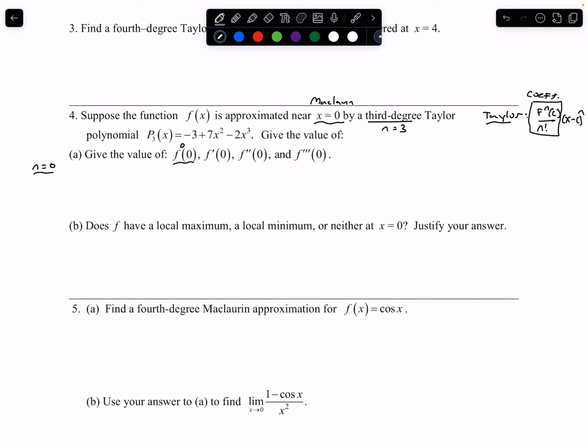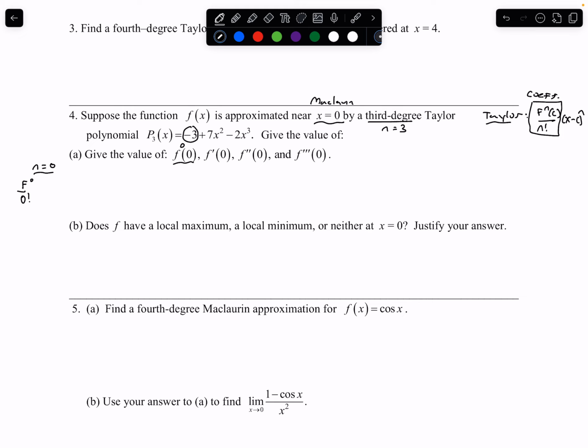This whole part right here is the coefficient. So I am just going to use my coefficient part and plug it in. So this is saying f0 over 0 factorial times x minus 0 to the 0. I don't really need this part right here because I'm only interested in the coefficient.